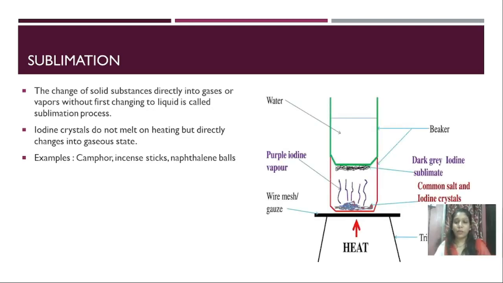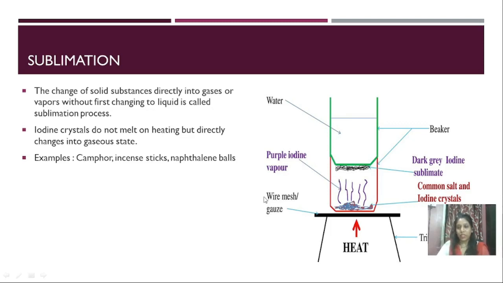If you see an image over here, there is a tripod stand. We have kept a beaker with iodine crystals in it. Now if you observe, when these iodine crystals are heated, there is this dark grey iodine sublimate which forms over here, and these are purple iodine vapors.